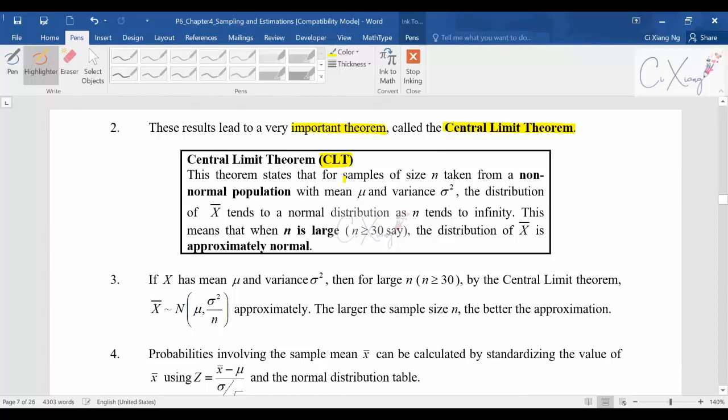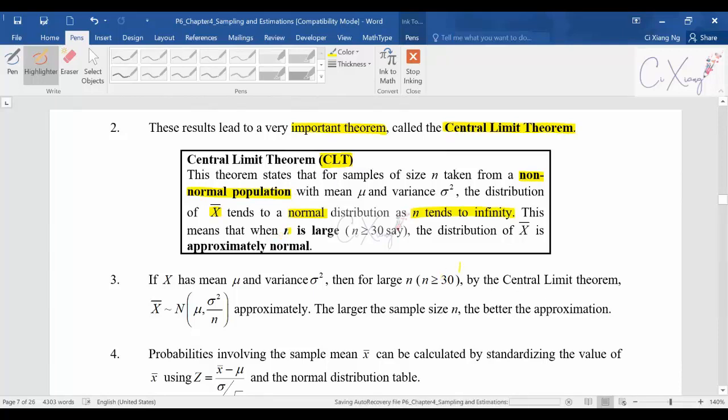So what does CLT mean? The summary of all the experiments that I showed you above tells us that for any non-normal population, the sample mean tends to be normally distributed when n tends to infinity. When n tends to infinity, it means that n is very large, and generally it will look very similar to the normal distribution.